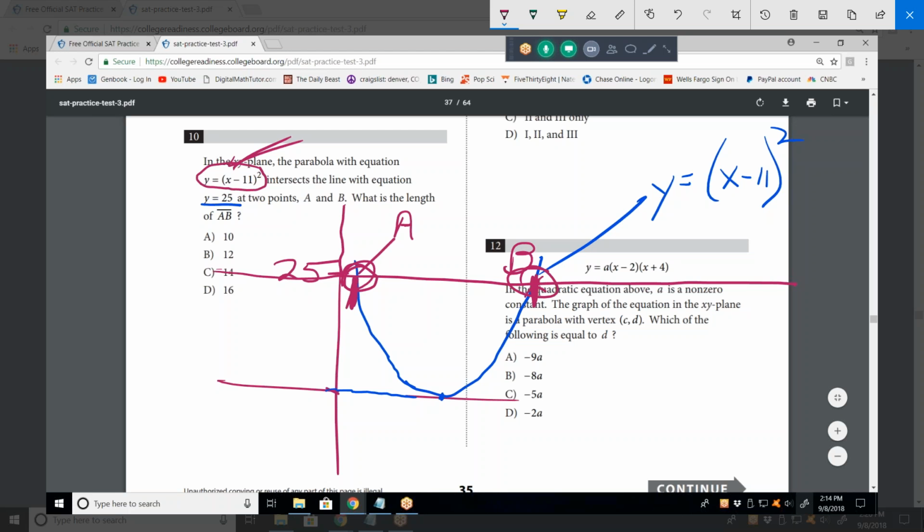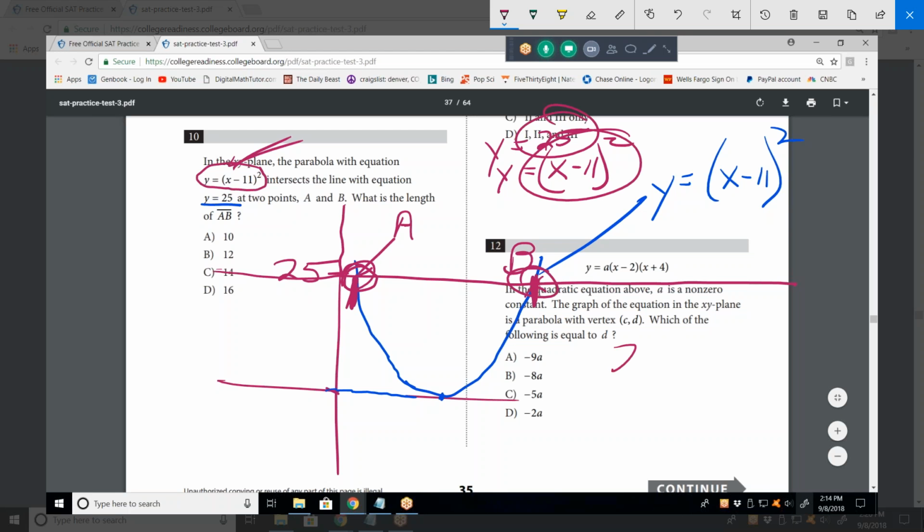Here are our two simultaneous equations: y equals 25 and y equals (x minus 11) squared. If I want to solve that to figure out where they intersect, well, this y is the same as that y, certainly at point A and at point B. So I'm going to set that equal to that.